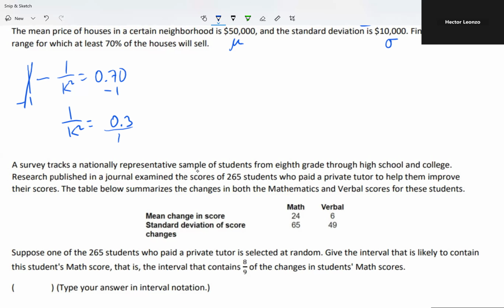I'm going to flip my fraction, taking the reciprocals on each side, so I have k squared over 1 equal to 1 over 0.3.